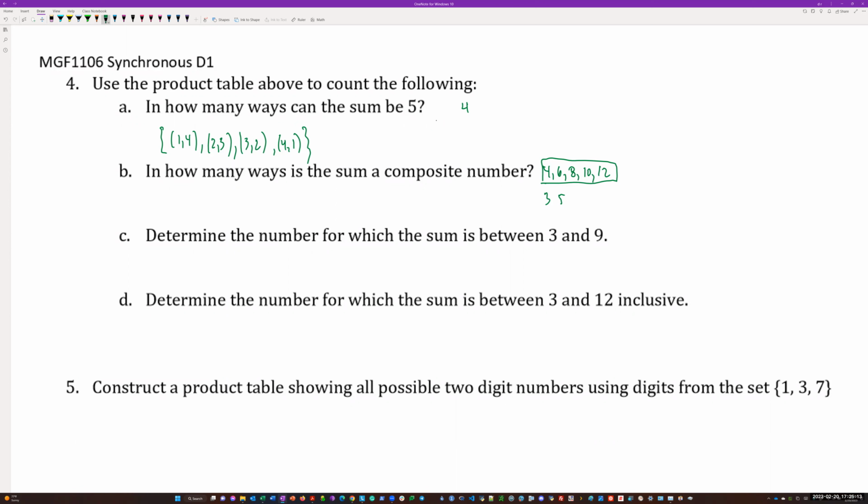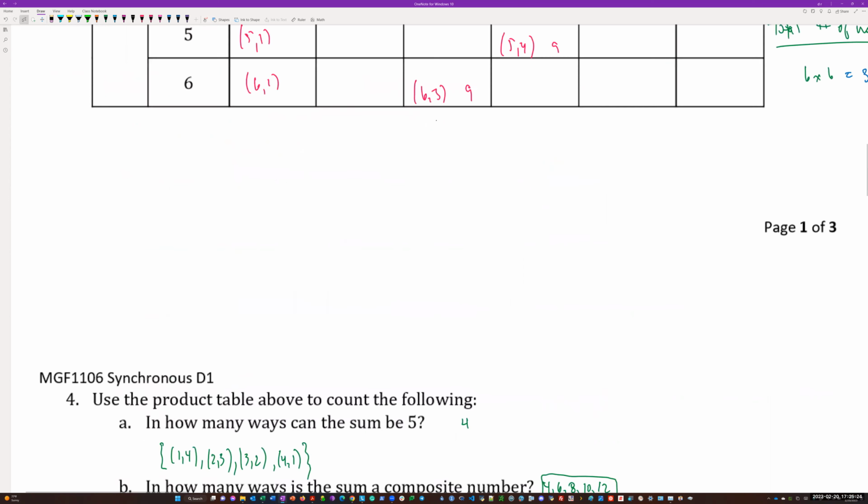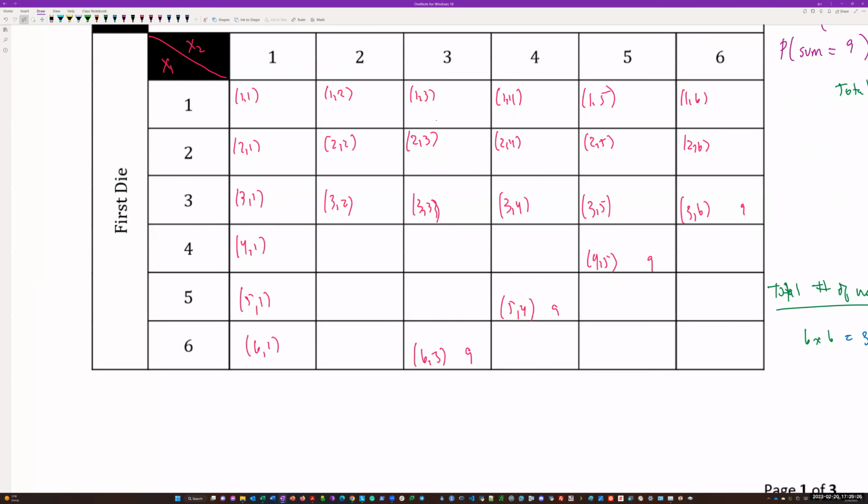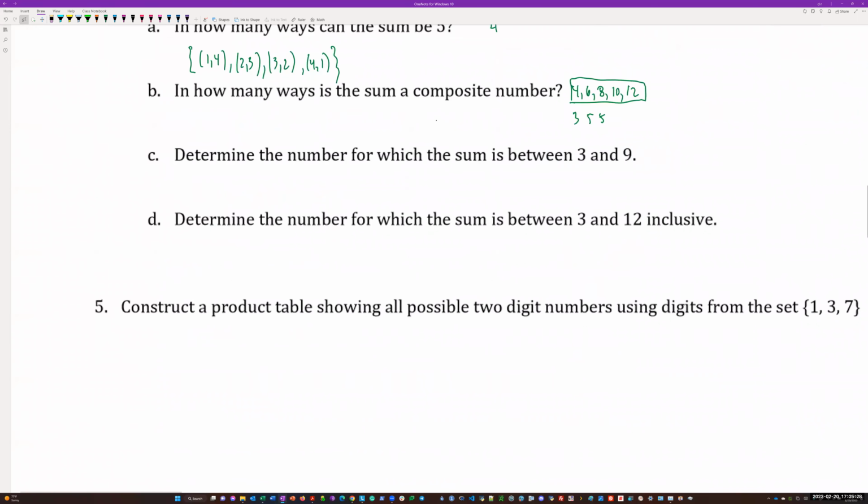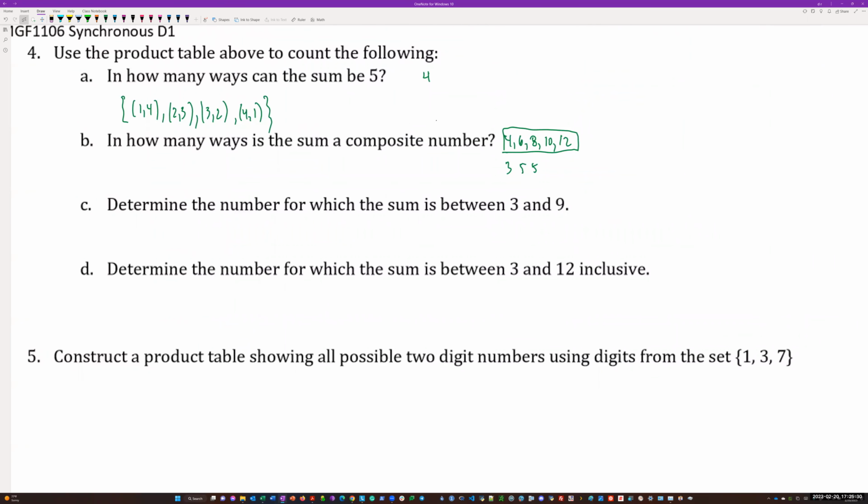All right, so then 8, 5, and then what about 10? 3, 12, 1. So therefore, we end up getting what, 16, 17 ways. Does that make sense? Do you understand?